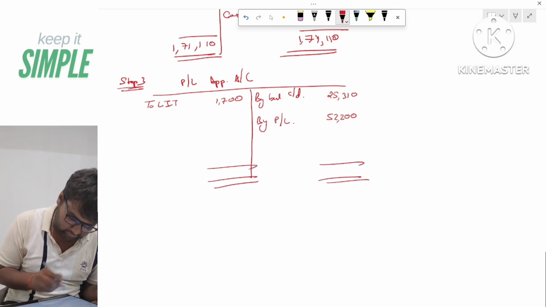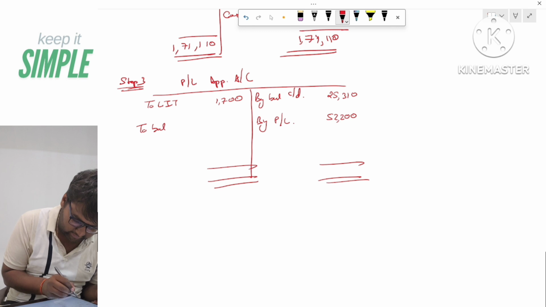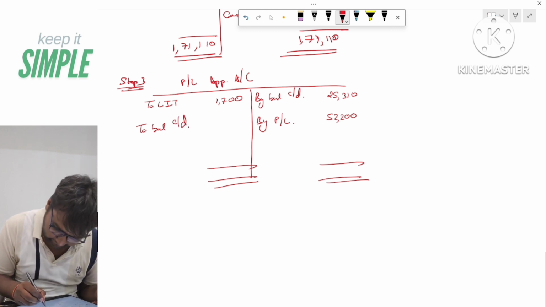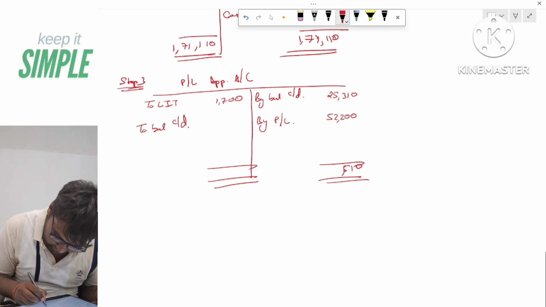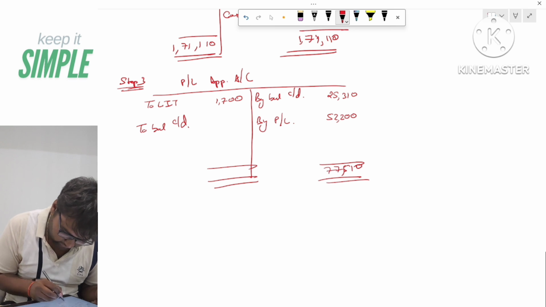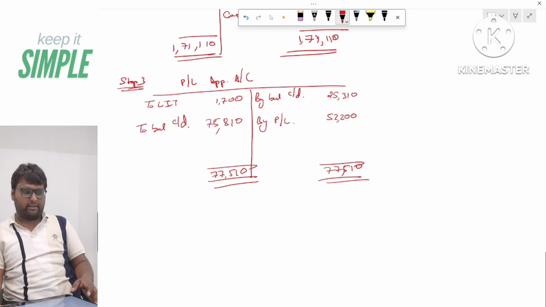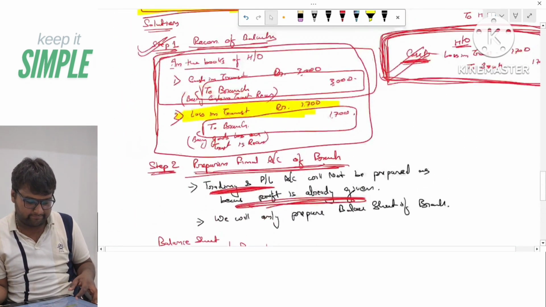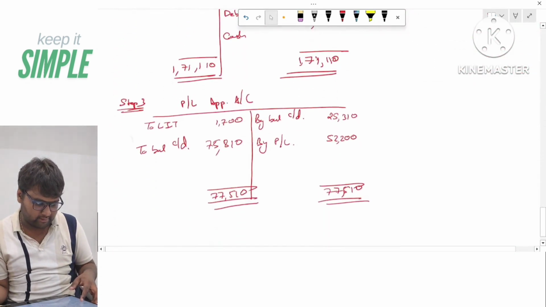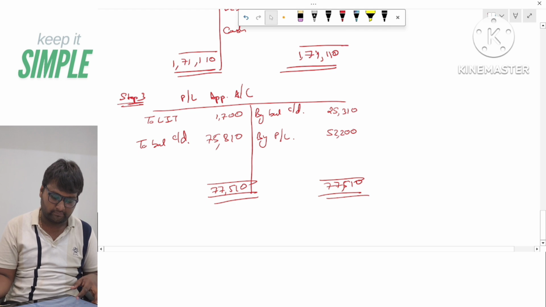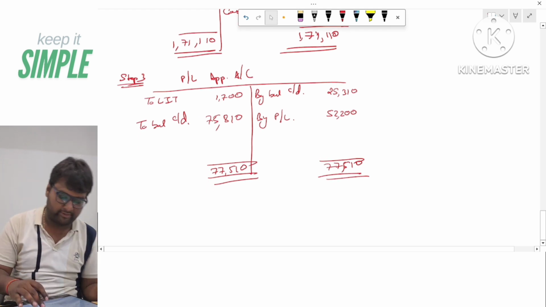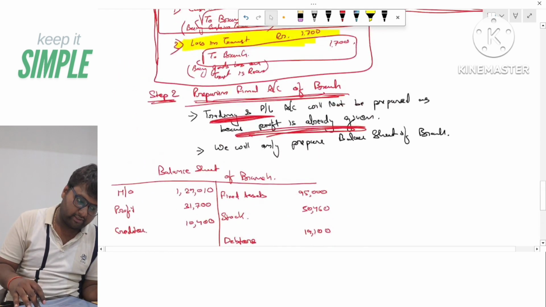Okay, so our to balance carried down will be 75,810. Done. This will be our closing balance of PL appropriation. Third step is also done.